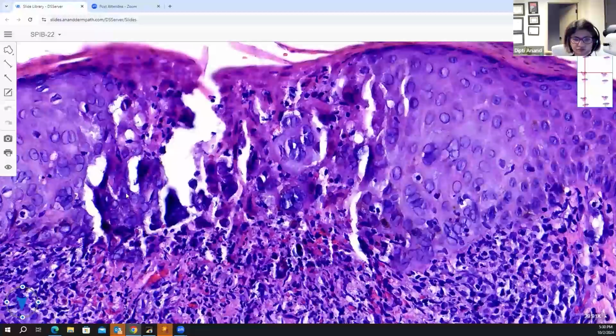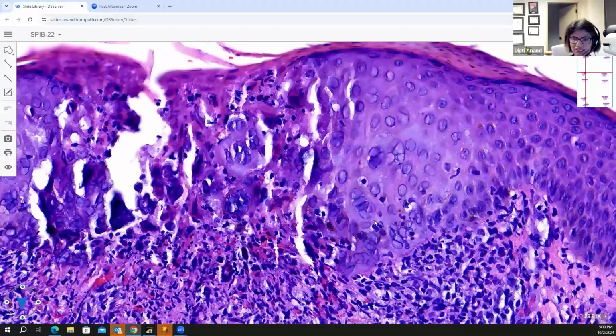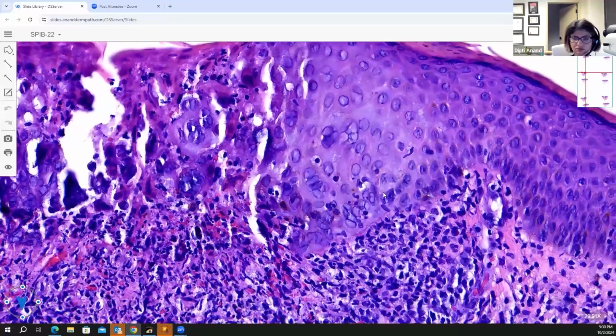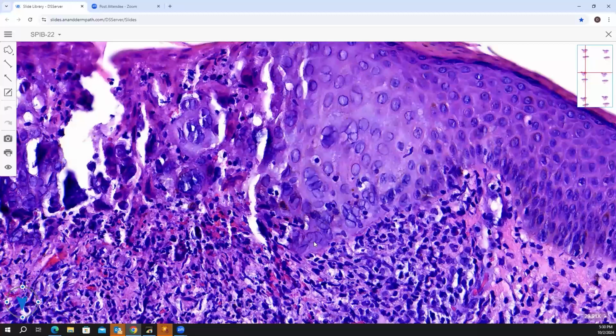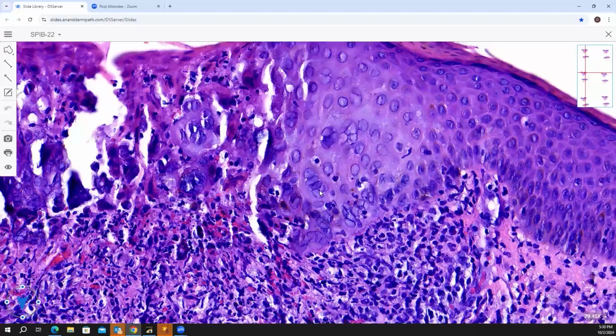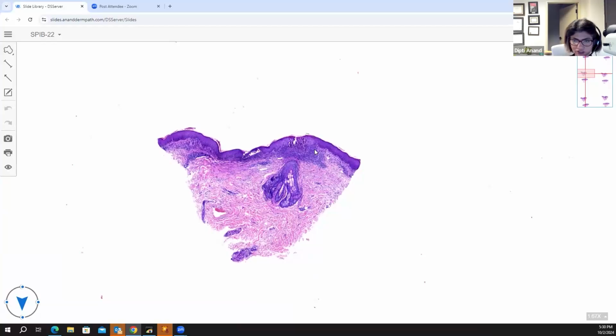And what do you see? What is that? Wait, what were those three things you just said? Yes, so on low power, this has lichenoid inflammation, perifollicular inflammation, perivascular inflammation, and a split in the epi.